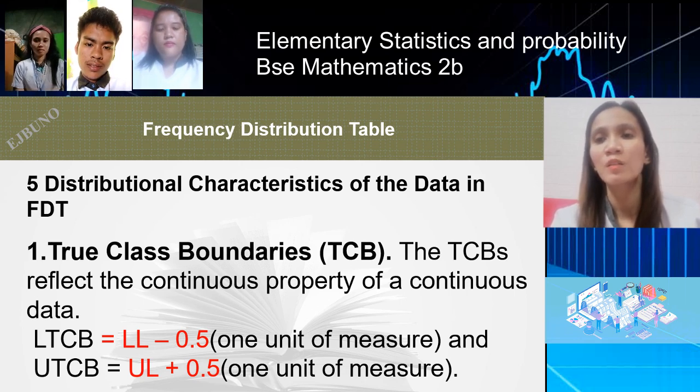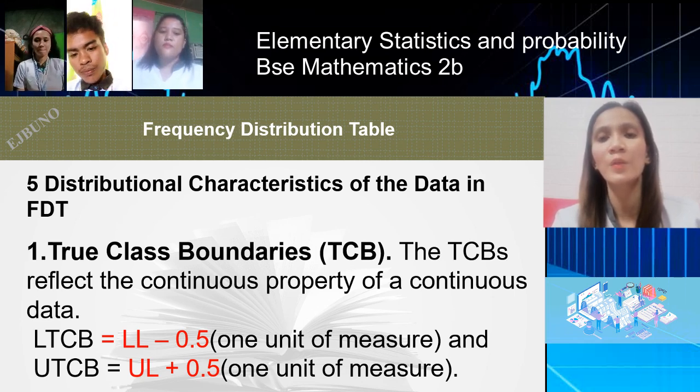Lower true class boundary is equal to the lower limit minus 0.5 or 1 unit of measure, and the upper true class boundary is equal to the upper limit plus 0.5 or 1 unit of measure, wherein LL is the lower limit and UL is the upper limit.